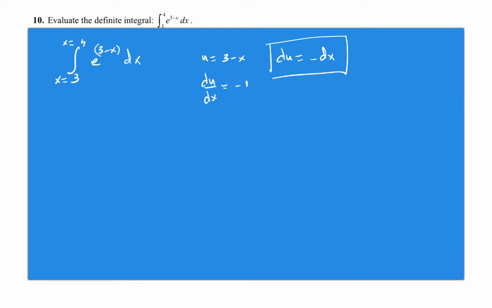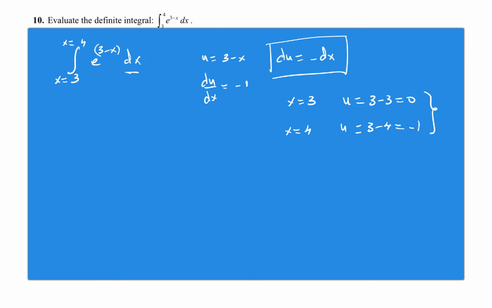So I have du here, and I have the integral from x equals 3 to x equals 4. So when x equals 3, u equals 0. When x equals 4, u equals 3 minus 4, it is minus 1. So now I'm going to write the integral in terms of u.